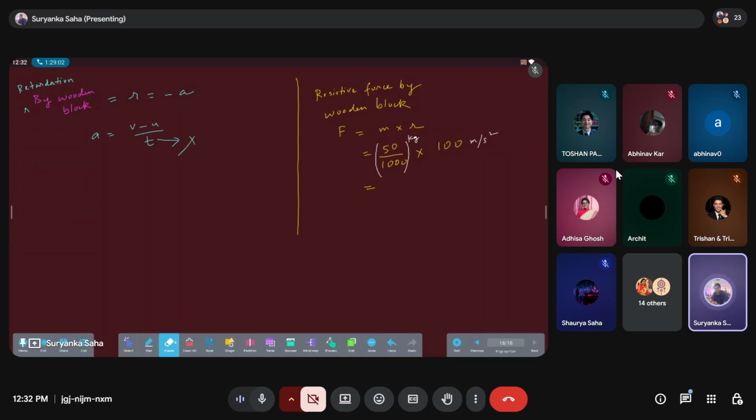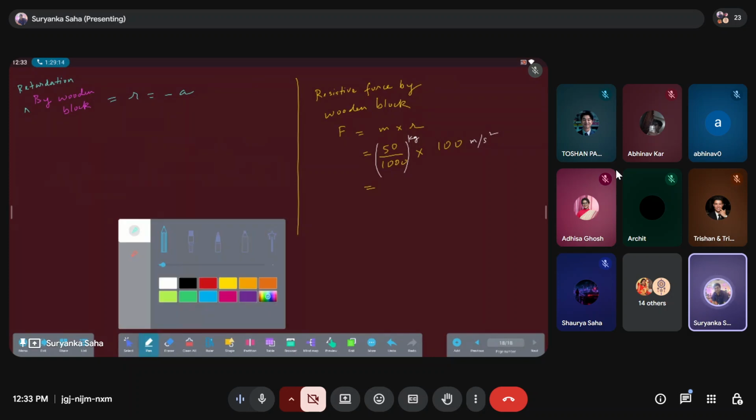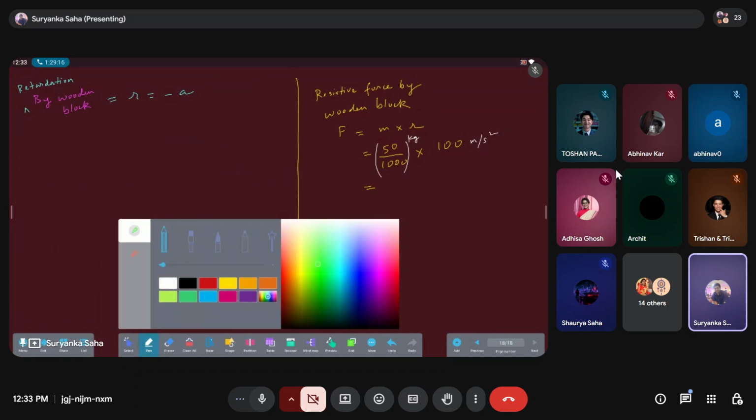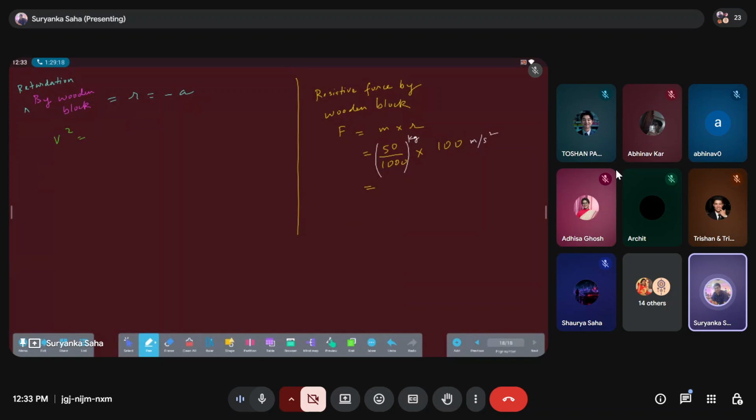So we cannot use this formula of acceleration. Acceleration can be found out by a formula which contains displacement. Which formula contains displacement? v square equal to u square plus twice as. Let me find out: v square is how much? 0.